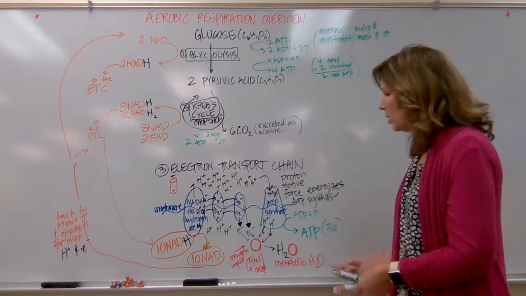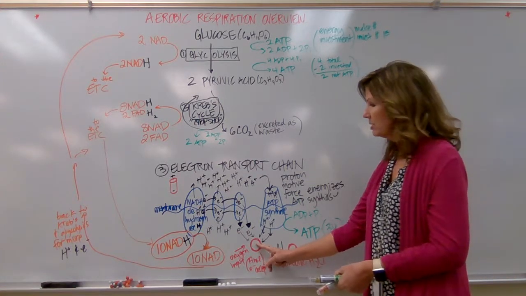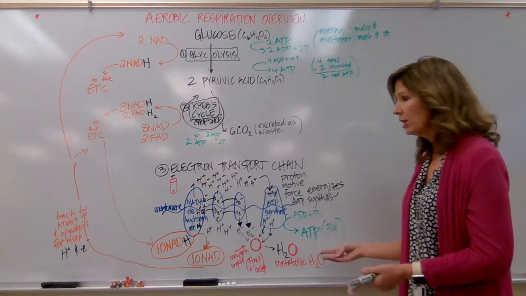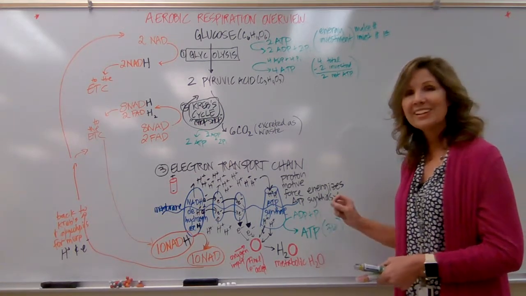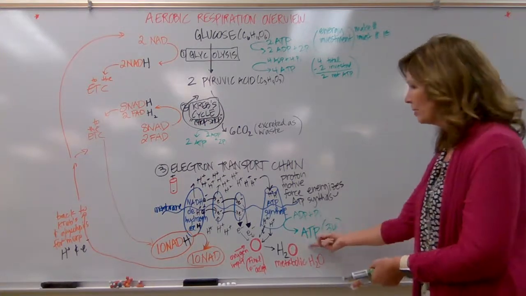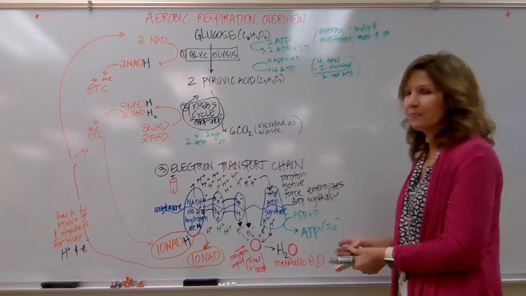Why do we want a lot of oxygen? To produce a lot of ATP, because patients that are in a hospital do require a lot of ATP to heal and have all of those cellular processes take place.